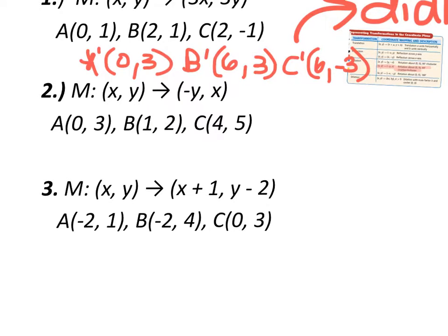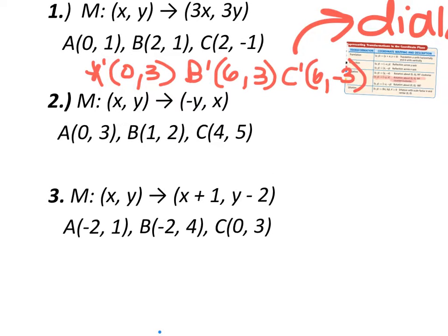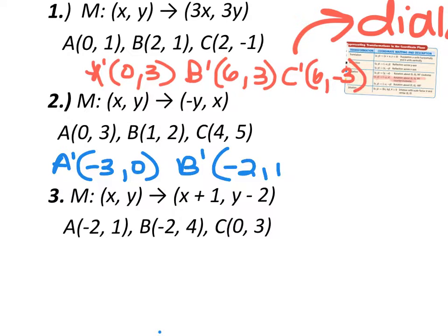I'm going to switch the x and the y, and I'm going to change the sign on the y. So this one becomes negative 3, 0. The negative 3 went to the first spot, the 3 went to the first spot, and I changed the sign. This becomes negative 2, 1, and this becomes negative 5, 4. So you're switching the x and the y, and then after it's switched, you change the sign on the y.